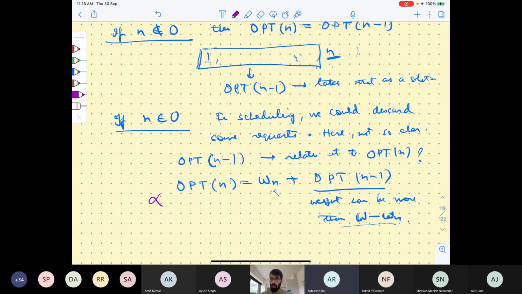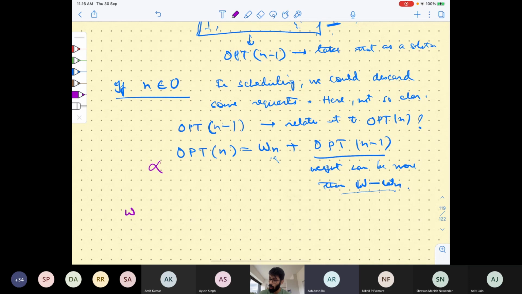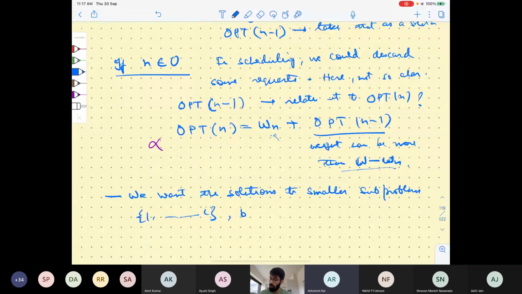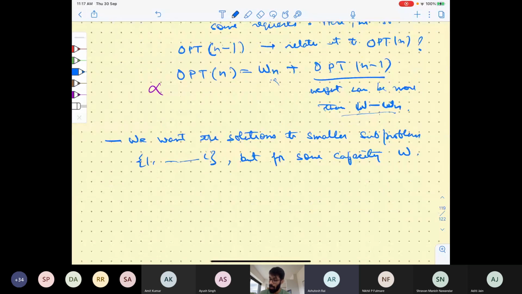So what do we want? We want to incorporate the solution to the smaller subproblems, say 1 to i, which as a special case will be n-1, but also with some capacity, a small w. Why do we want that?